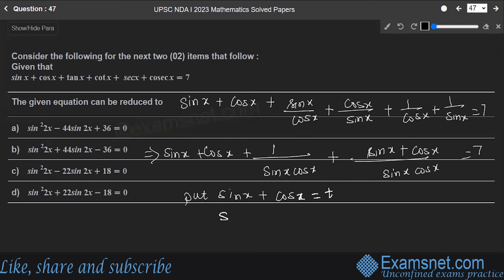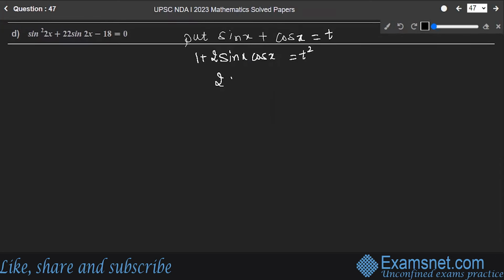Let's do the squaring on both the sides. You will have sin square x plus cos square x, which will be 1, plus 2 sin x cos x is equal to t square, which makes 2 sin x cos x equal to t square minus 1, or sin x cos x is equal to t square minus 1 upon 2.